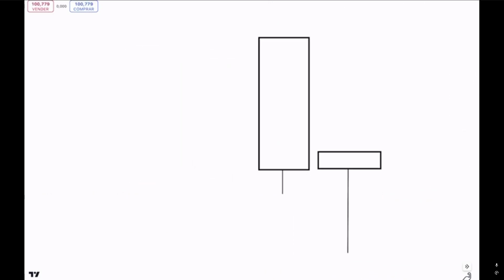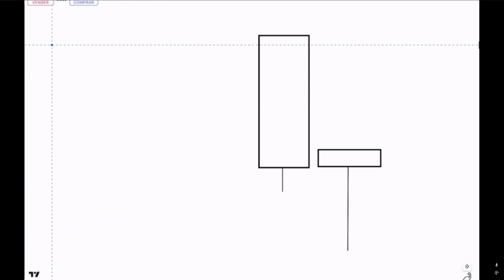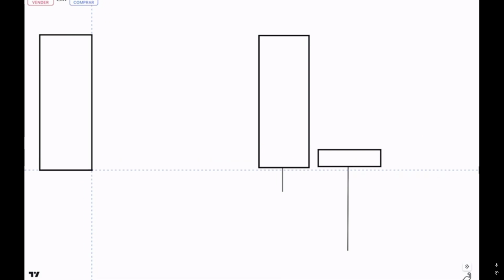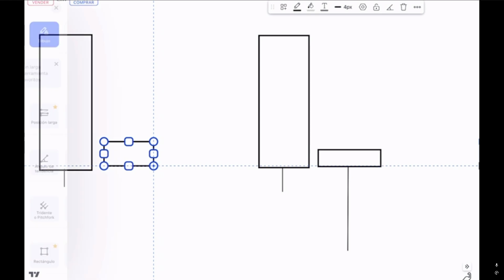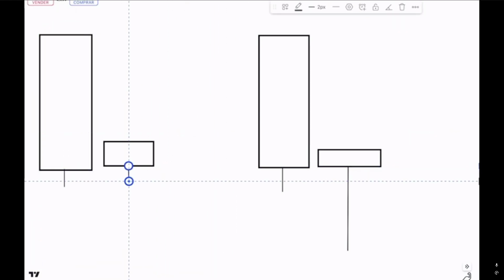As we know, Bitcoin and Ethereum are correlated assets, right? And Ethereum, on the other hand, candle number 2 is refusing to push it below the low of candle number 1.